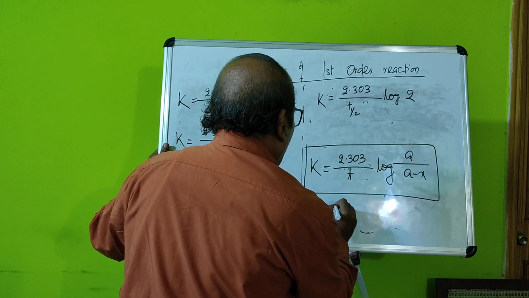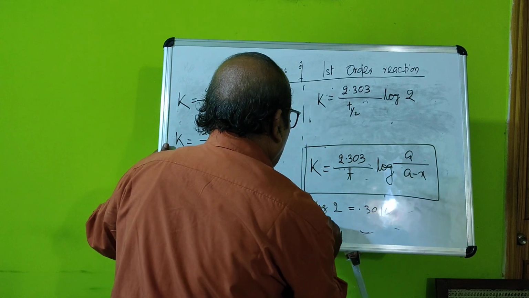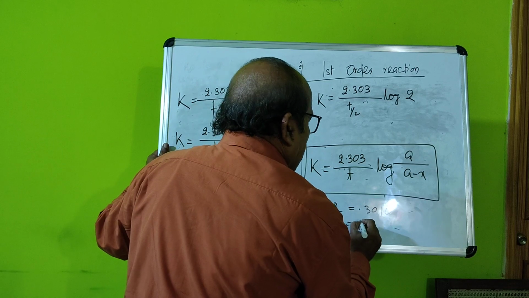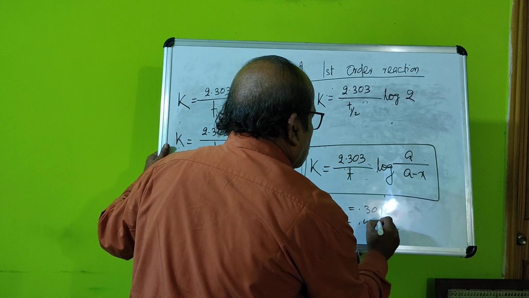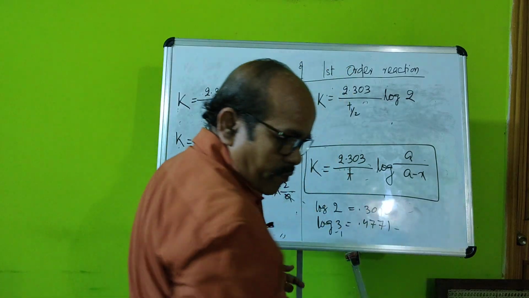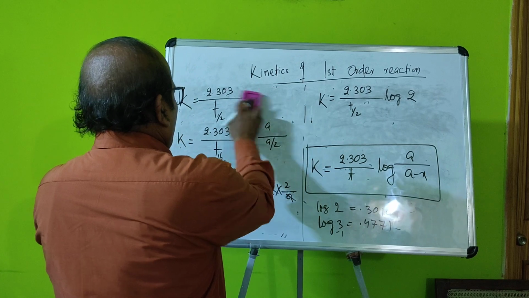Log 2 is equal to 0.3010, log 3 is equal to 0.4771, log 4 you can find out.